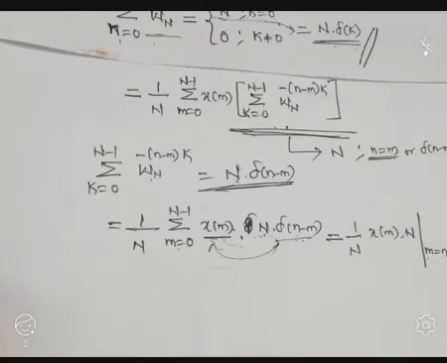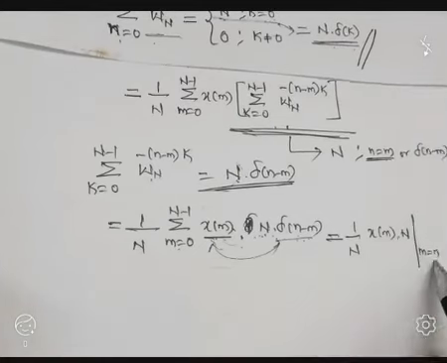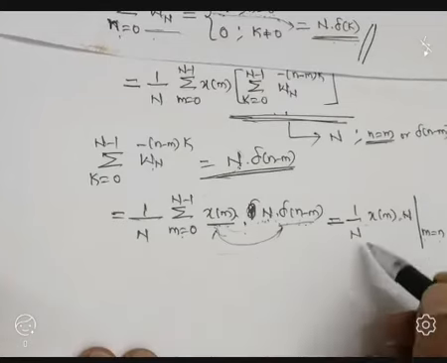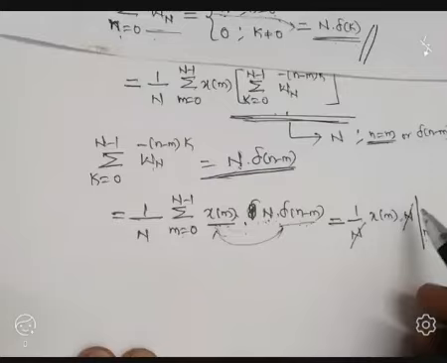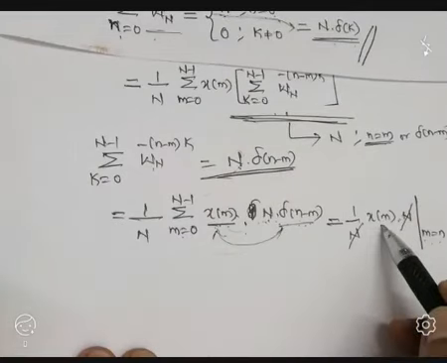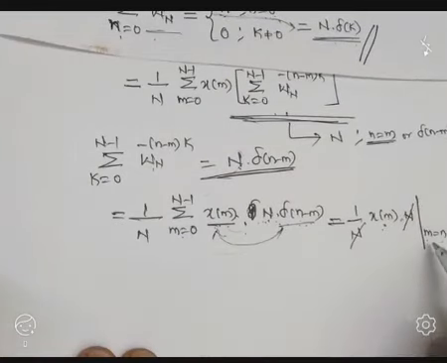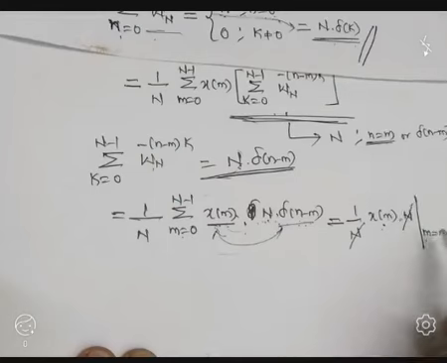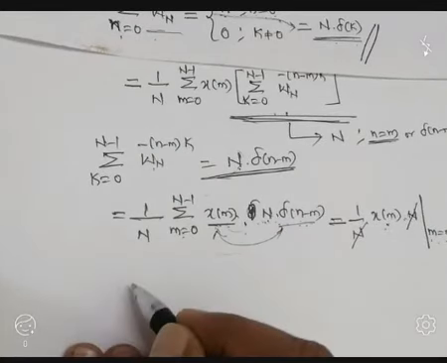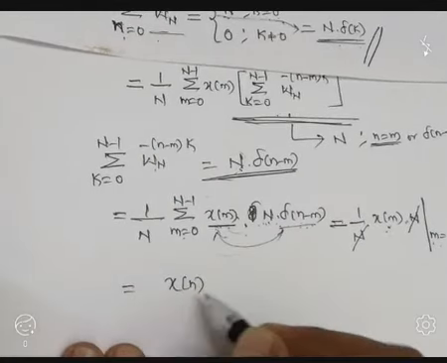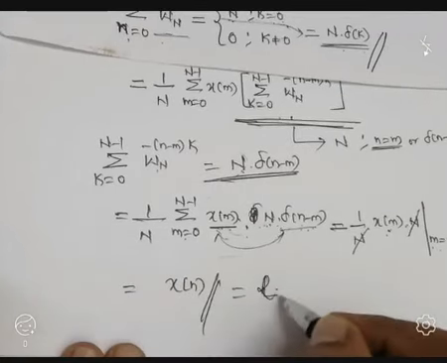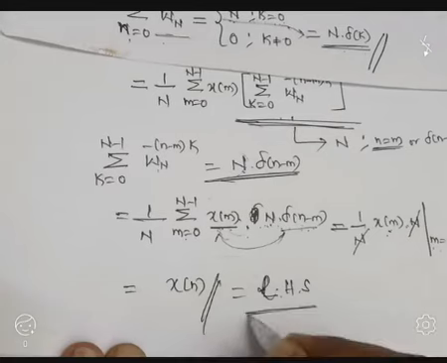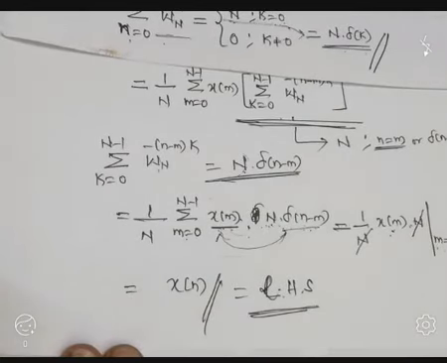So let us substitute n wherever m is there. What happens? N and n get cancelled. If you substitute m equal to n, we are getting x of n. Hence we proved LHS. This is about the definition of IDFT.